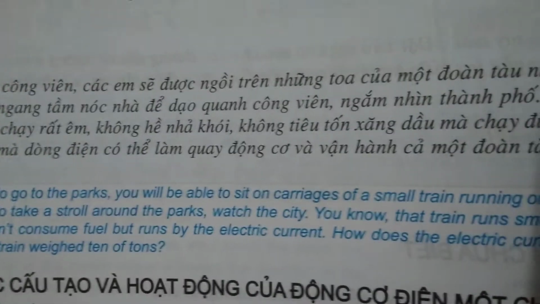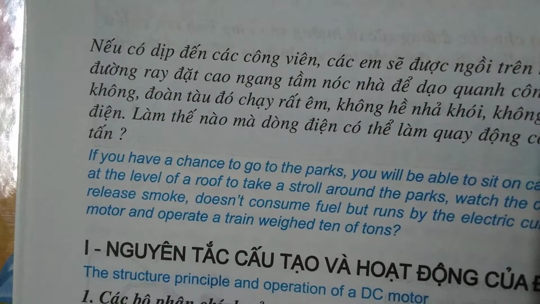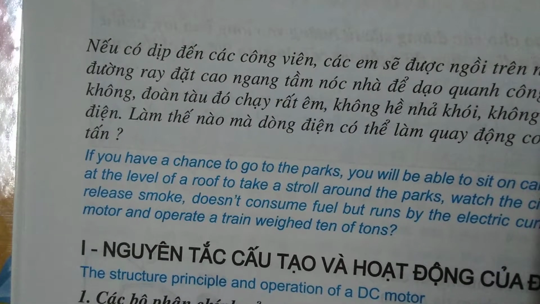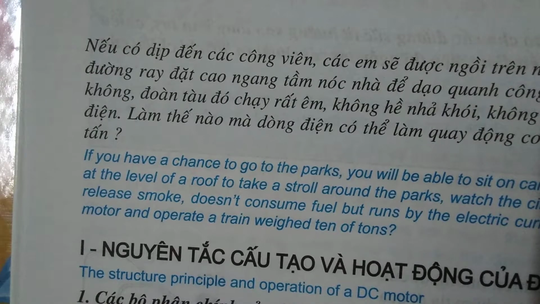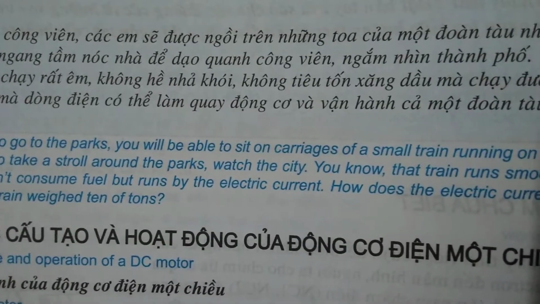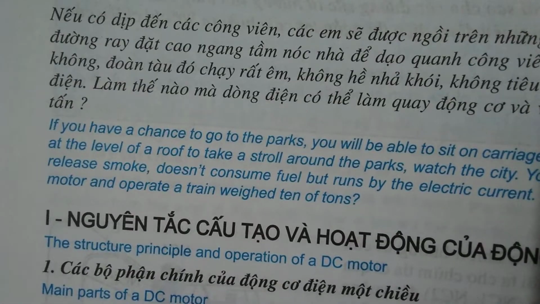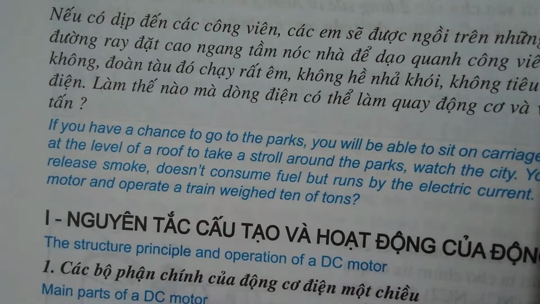You know, that train runs smoothly, doesn't release smoke, doesn't consume fuel, but runs by the electric current. How does the electric current rotate the motor and operate a train weighing tens of tons?